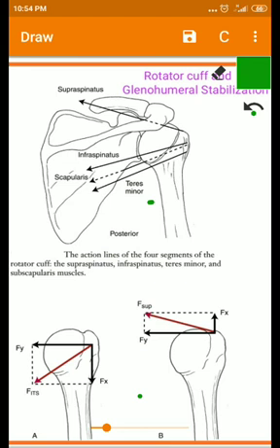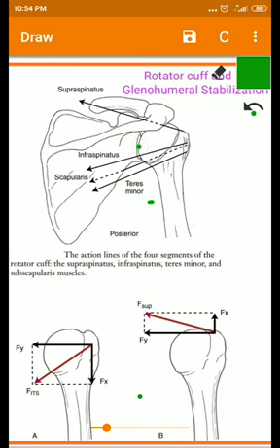The medial and lateral rotatory forces also help to center the humeral head in an anterior and posterior direction.